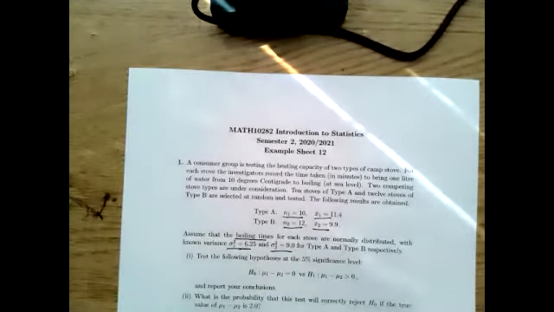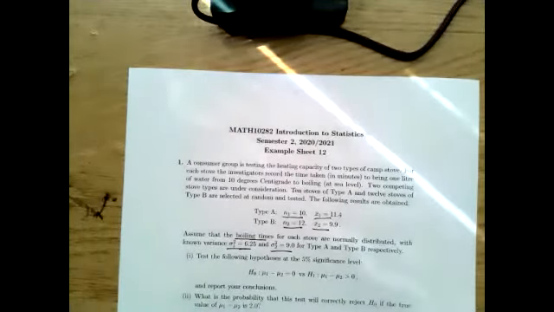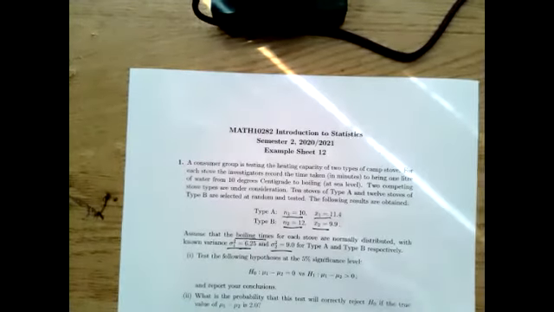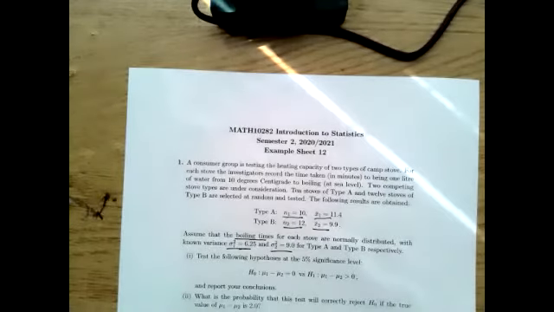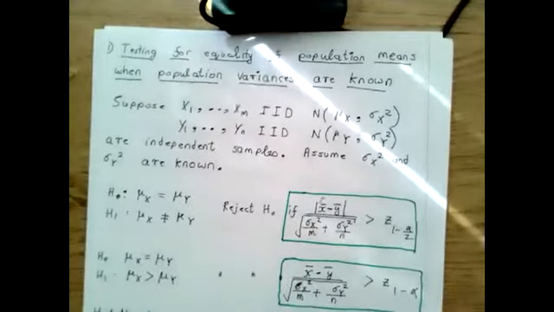Now, you should recall what we did about 2 weeks ago. I showed you that when you have 2 sample tests, there are different ways you can do the testing, right?